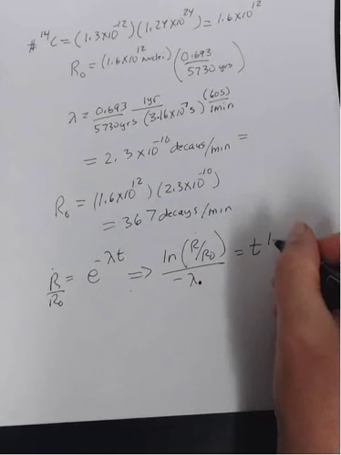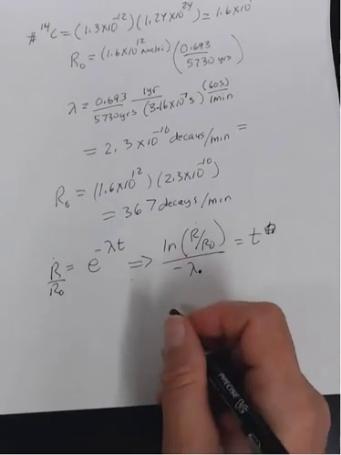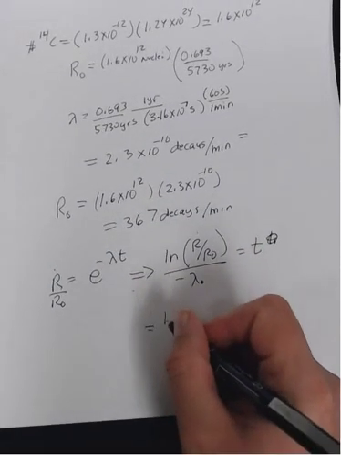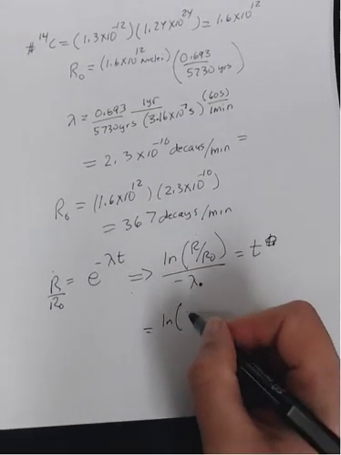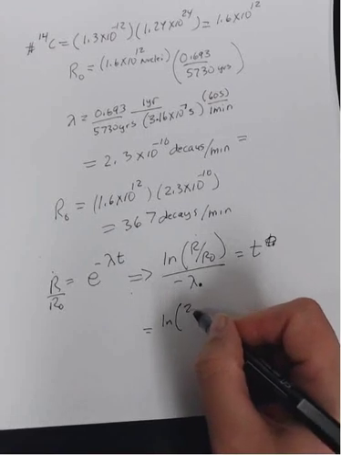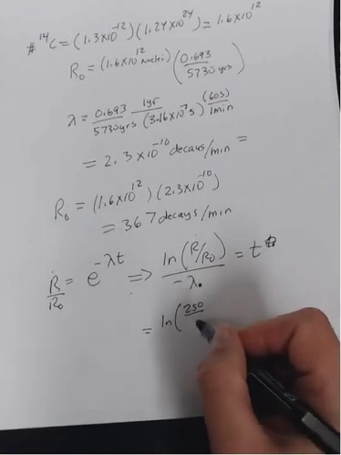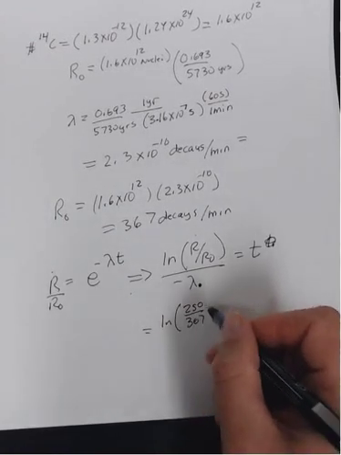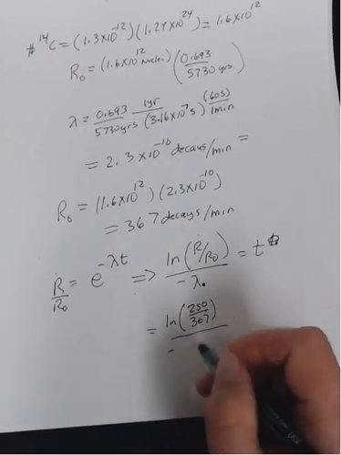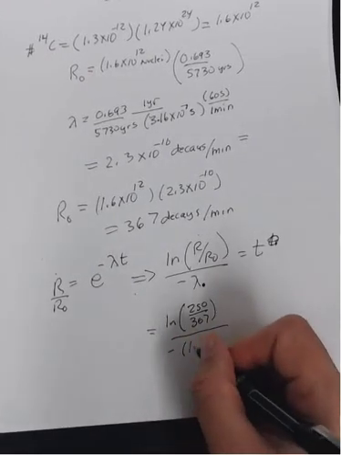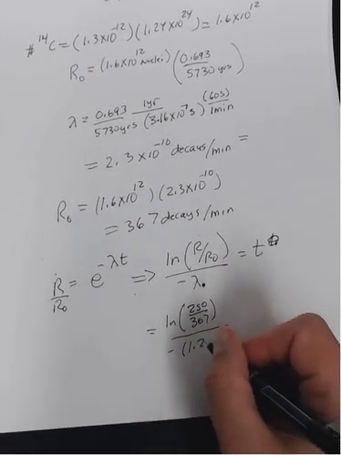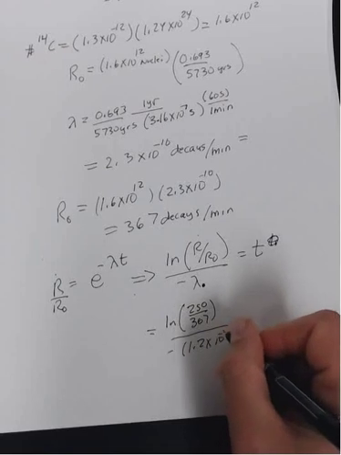So natural log of 250 over 367 divided by negative 1.2 times 10 to the negative 4.